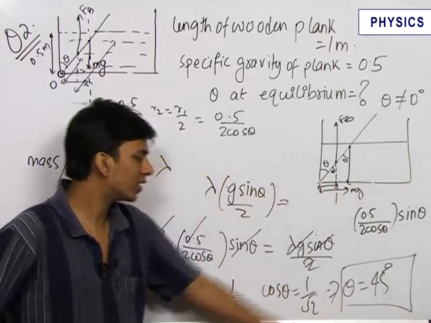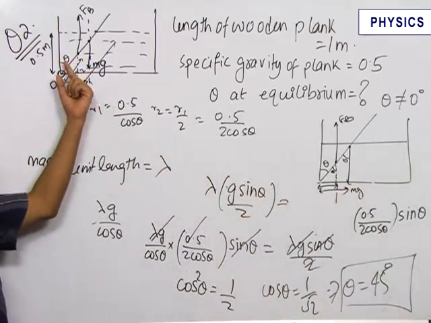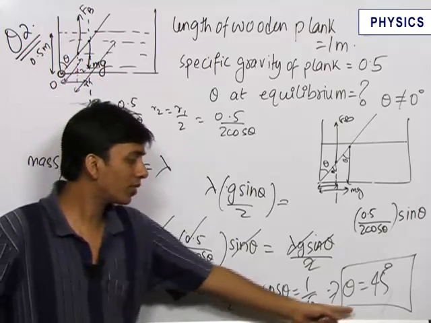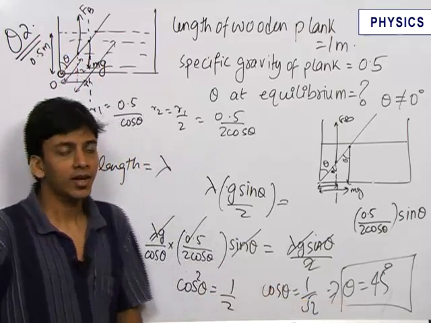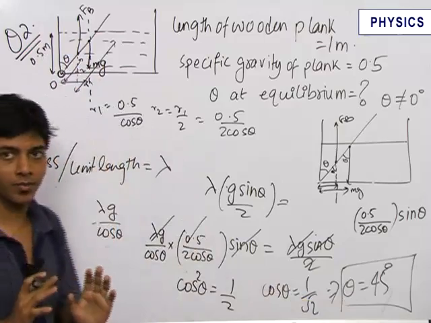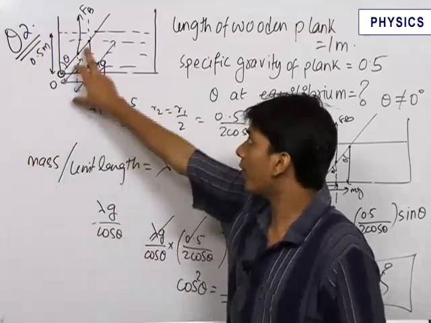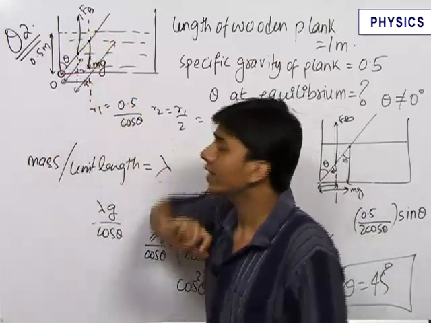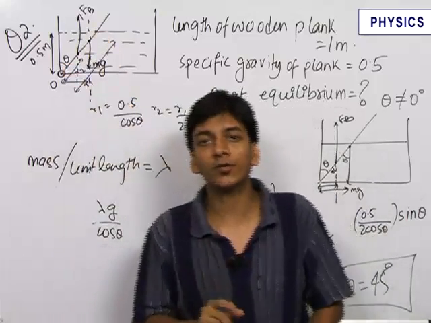So our final answer for the angle theta made by the plank with the vertical at equilibrium comes out to be 45 degrees. In this question there is something you should always remember: the point of application of buoyant force is always the center of mass of the displaced volume and not the center of mass of the object.